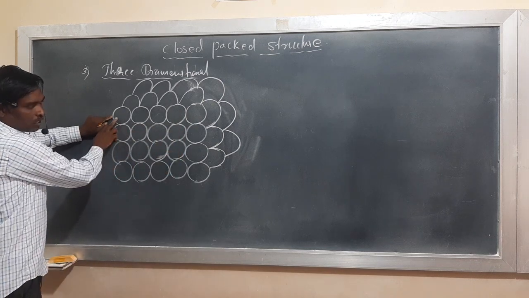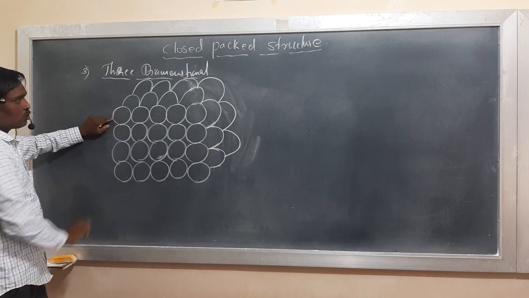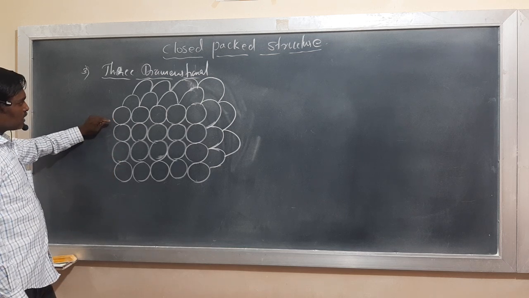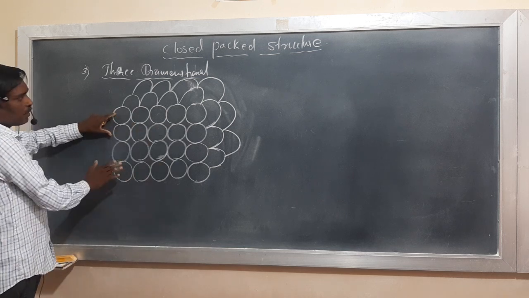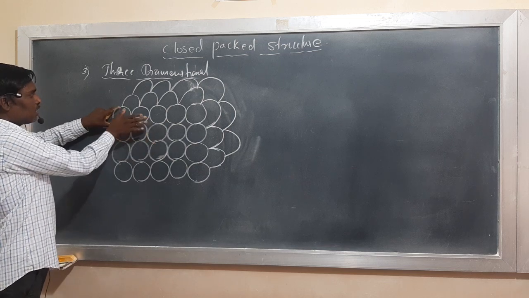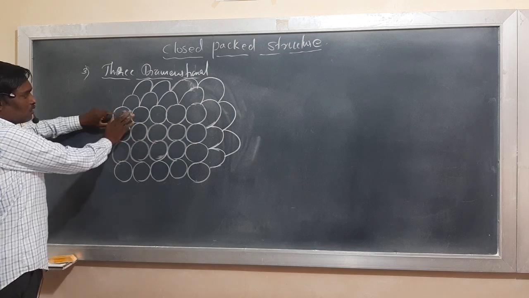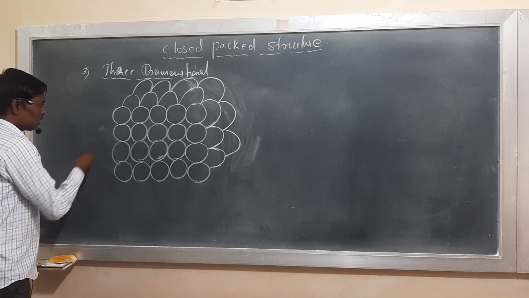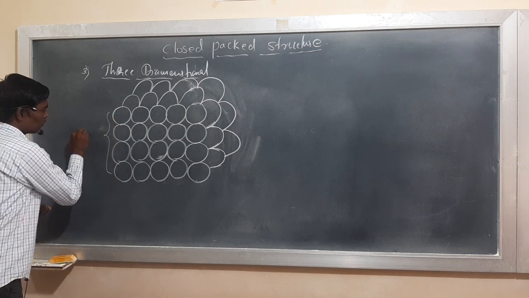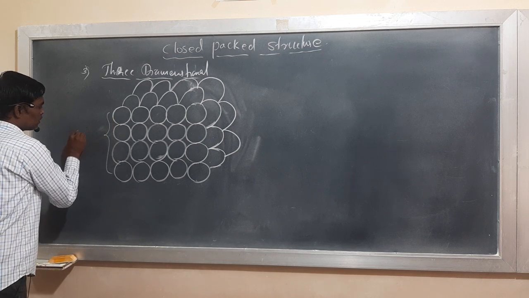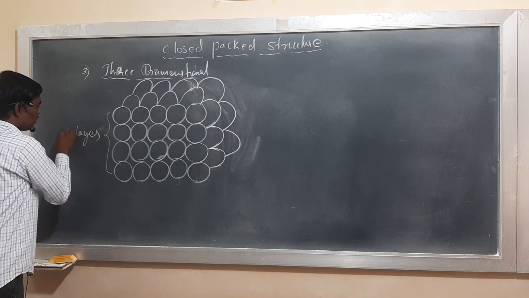Like that, these are AA type arrangements. And next, there is another layer. The same layer is placed exactly above this first layer. This is the first layer. I call this an A type of layer.